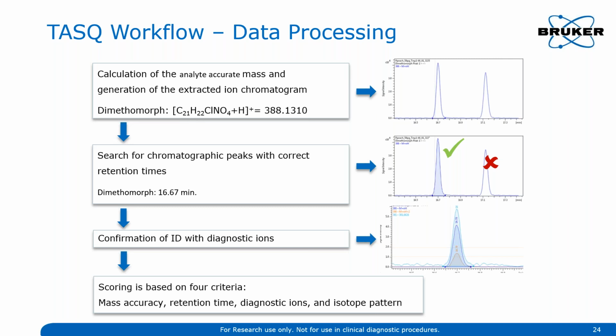And if there is more than one peak, the system checks the retention times and compares them with the database. If a match is found, the system checks for the presence of diagnostic ions listed in the database for this given compound. And finally, the identification scoring is based on 4 criteria, namely the mass accuracy, the retention time, diagnostic ions, such as fragments and ionization patterns, and isotopic patterns.